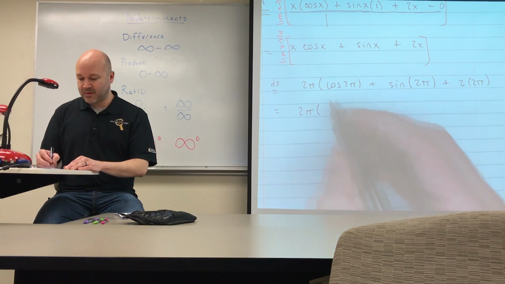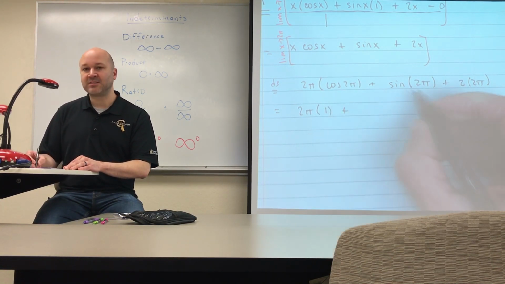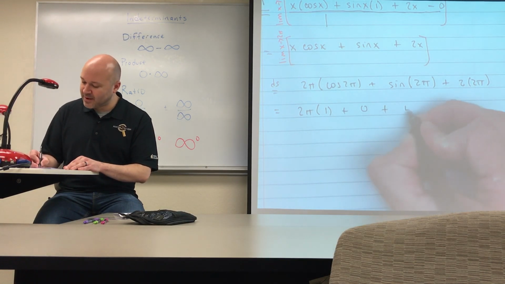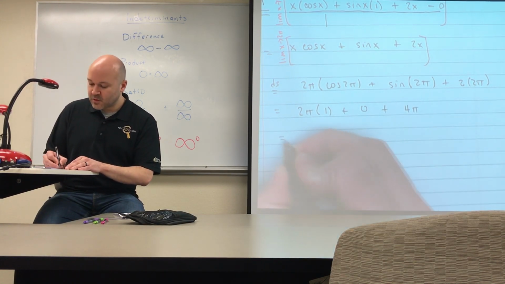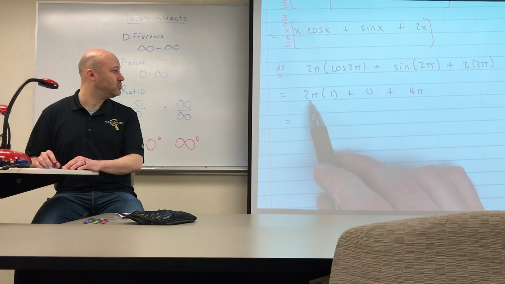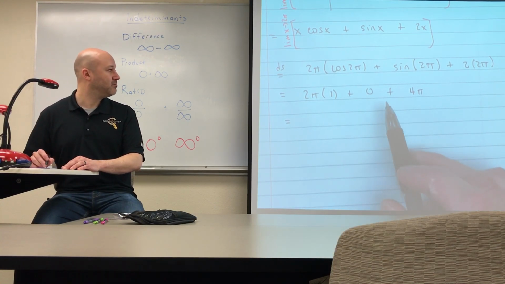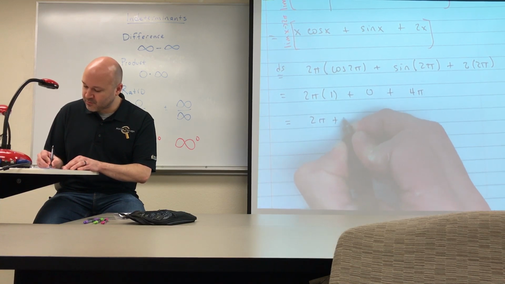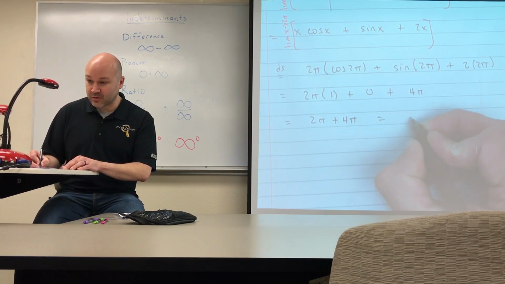Cosine of 2 pi is positive 1. Sine of 2 pi is 0. Double 2 pi, you get 4 pi. So I believe my limit should be 2 pi plus 4 pi, or 6 pi altogether.